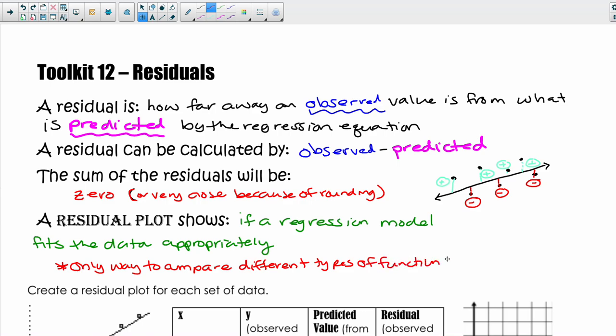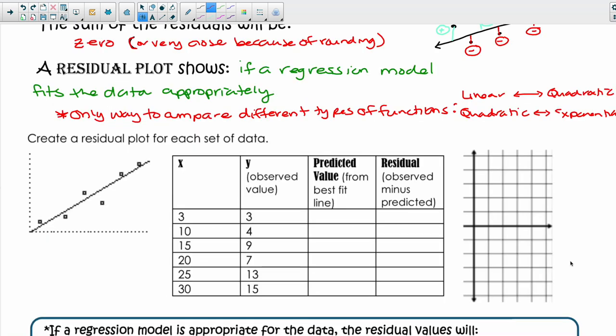For example, if we want to compare a linear and a quadratic function, or if we want to compare a quadratic function with an exponential function, residuals are the only way you can compare two unlike functions.